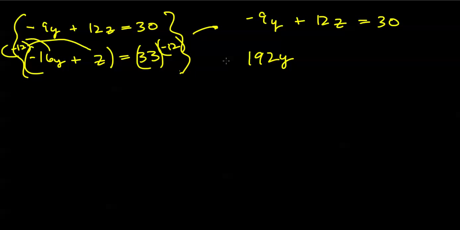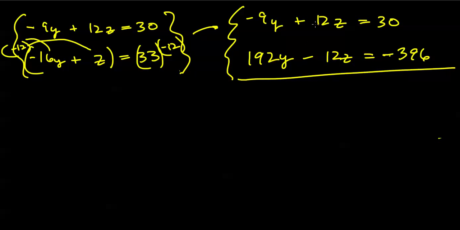Minus 12 times z is, of course, minus 12z. That's what I wanted, to cancel out the z variable. And on the right, minus 12 times 33 equals minus 396. I don't think I made a mistake here, so let me say this is an equivalent system.